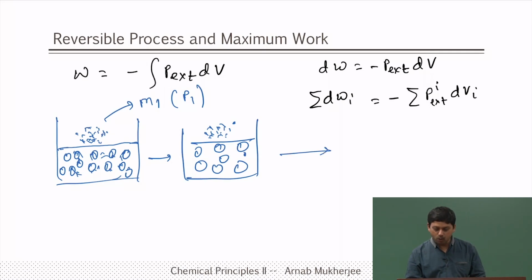Then I add one more grain and one more grain, and that way I am taking the system extremely slowly from P1 V1 to P2 V2. If I do that, then since I am doing multiple steps, I can write the sum as an integration, and now we are going to evaluate this integration.